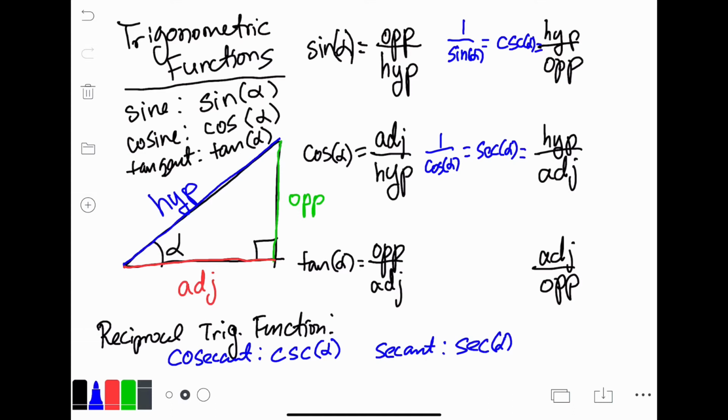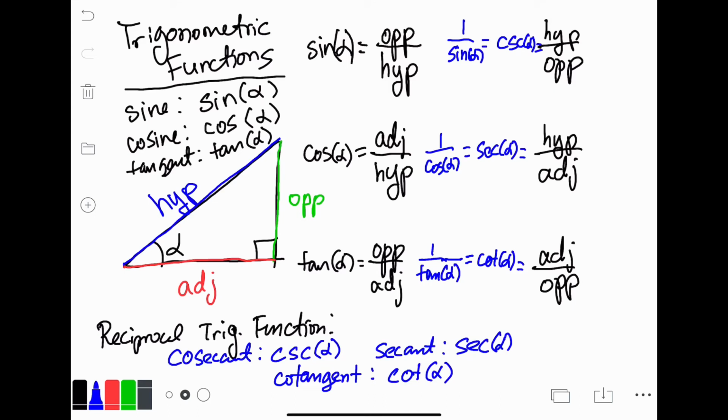It's going to be hypotenuse over adjacent instead. And last but not least, what about the reciprocal of tangent? This, again, has a trig function reserved for it, and this is called cotangent. And the way that we write this is COT of alpha. And this is the reciprocal of tangent. It's going to be adjacent over opposite.